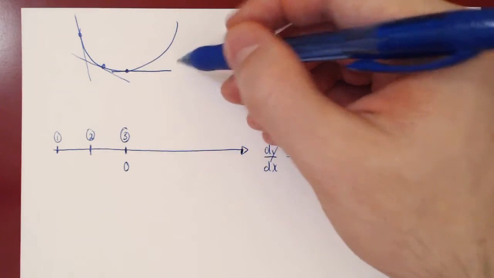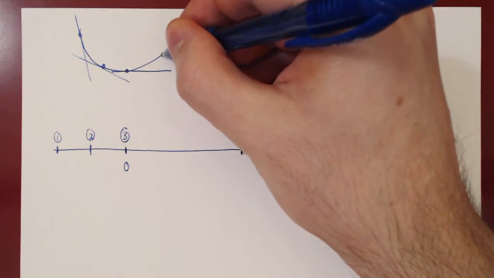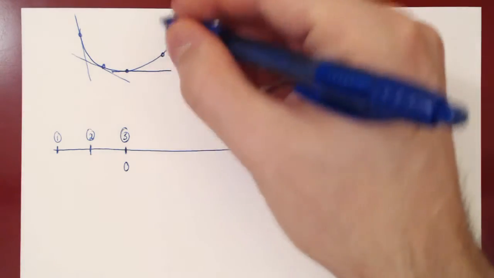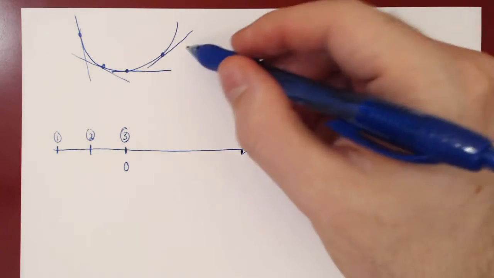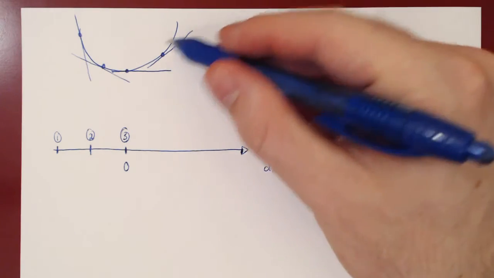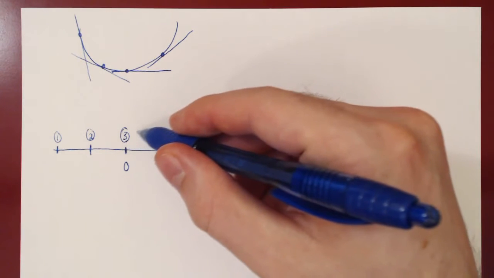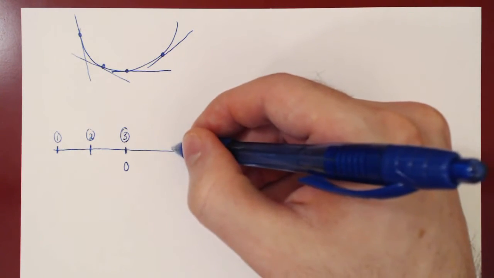Move even further to the right, say take this point, draw the tangent line, and if you notice, now the line is increasing. Therefore, the derivative is now positive, so even a little bigger.